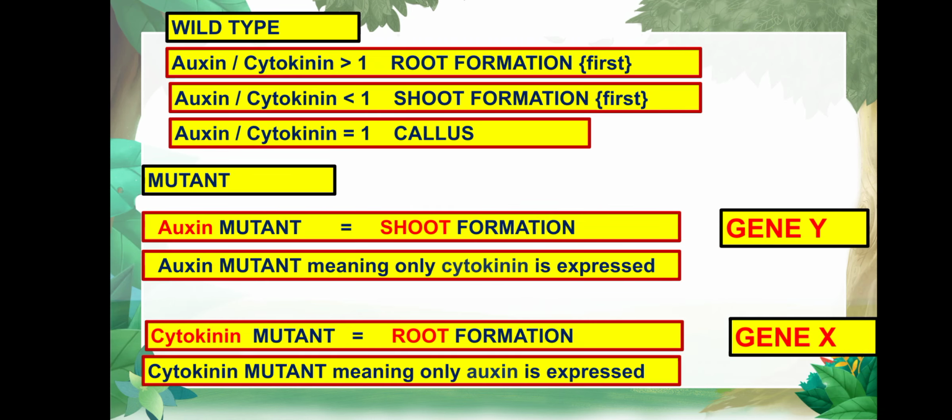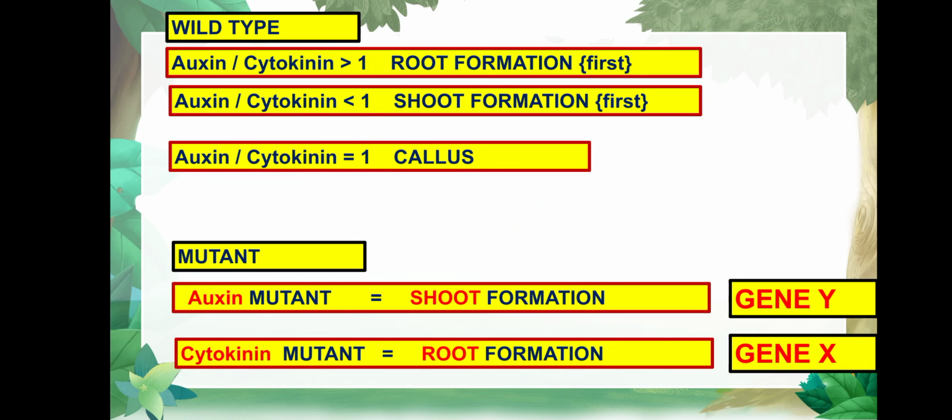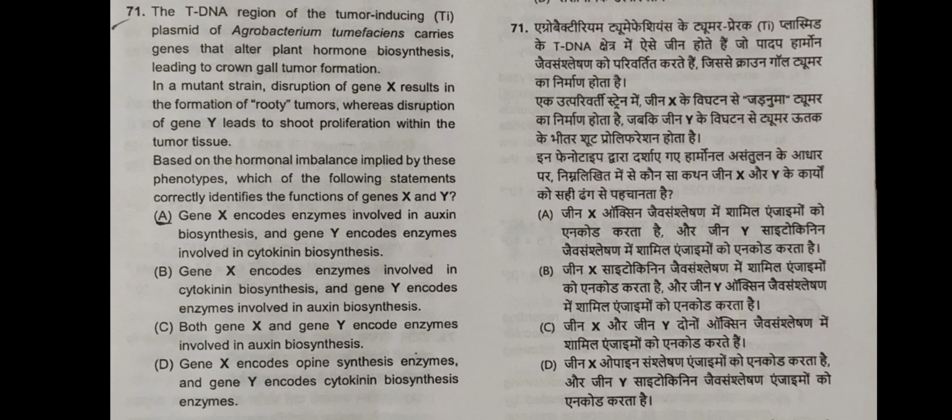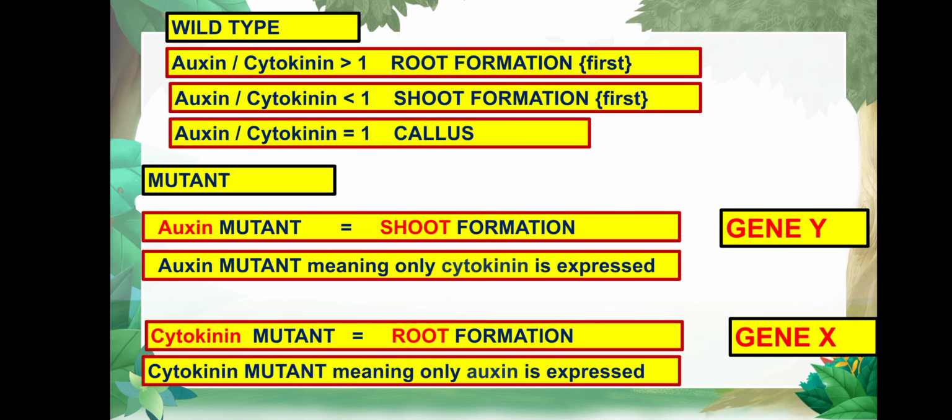Coming to the next part of the question: based on the hormonal imbalance implied in the phenotype, which of the following statements correctly identifies the function of gene X? Options: gene X encodes an enzyme involved in auxin biosynthesis. You can see here gene X is not involved in auxin synthesis, but gene X is involved in cytokinin synthesis, and that is being mutated.